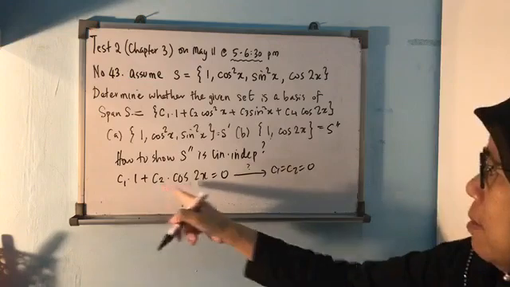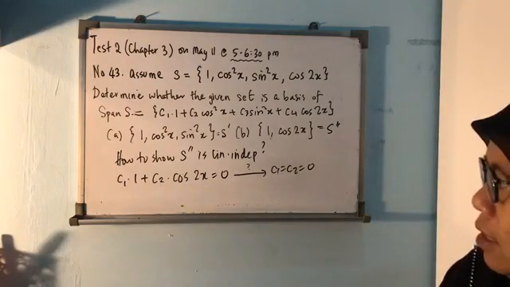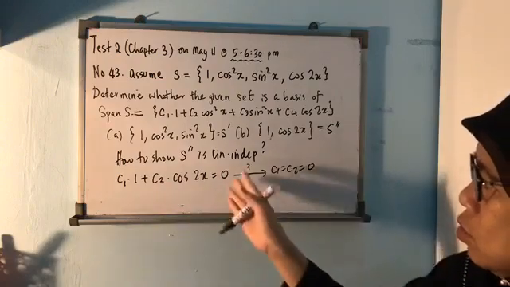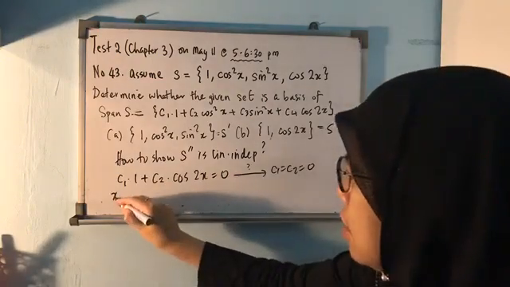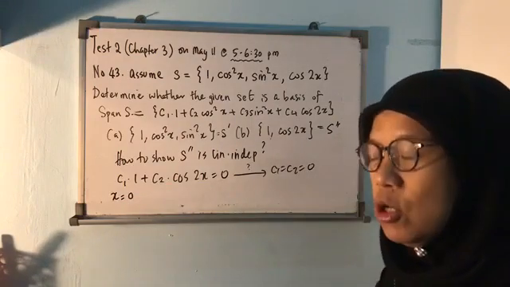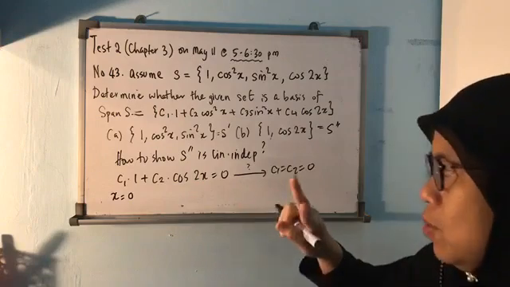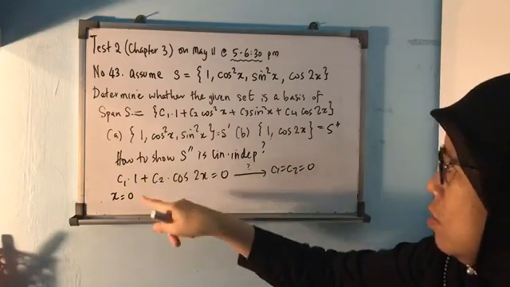This one, how do we solve this, right? Because it's cosine x. So what you can do, since this is true for all x, you can just put in some value of x, okay? Because this is true for all x. So say when x is 0, at least we need two values, right? Because we have two unknowns.